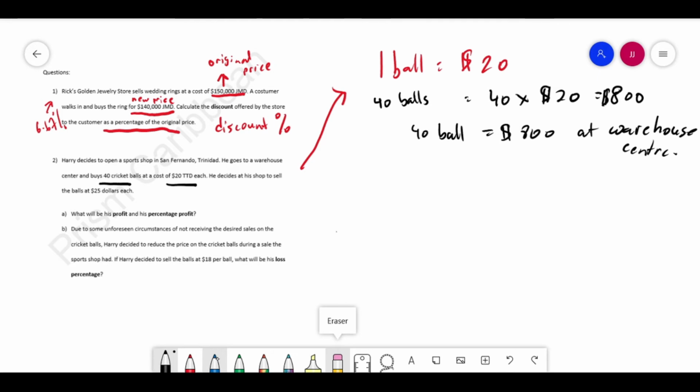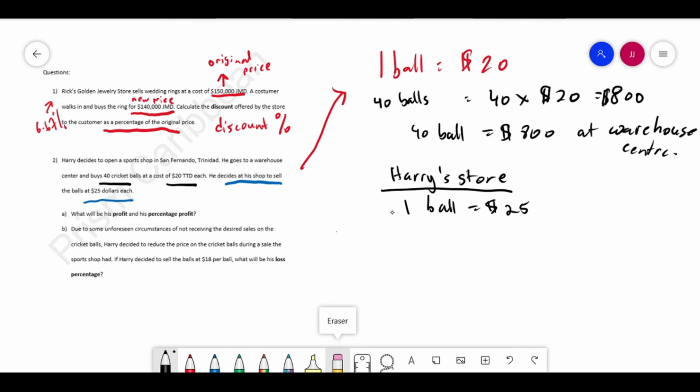So now we also have to remember, Harry decides at his shop to sell the balls for $25 each. So we know in his store, one ball is $25. He's selling it for more to make a profit.